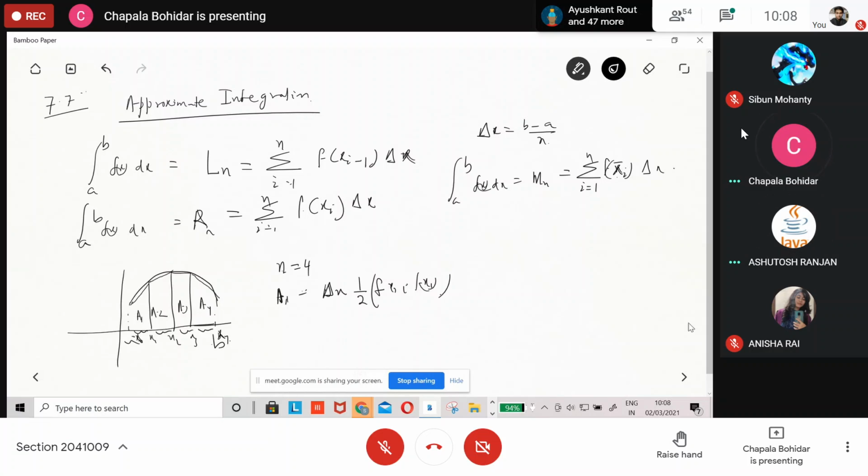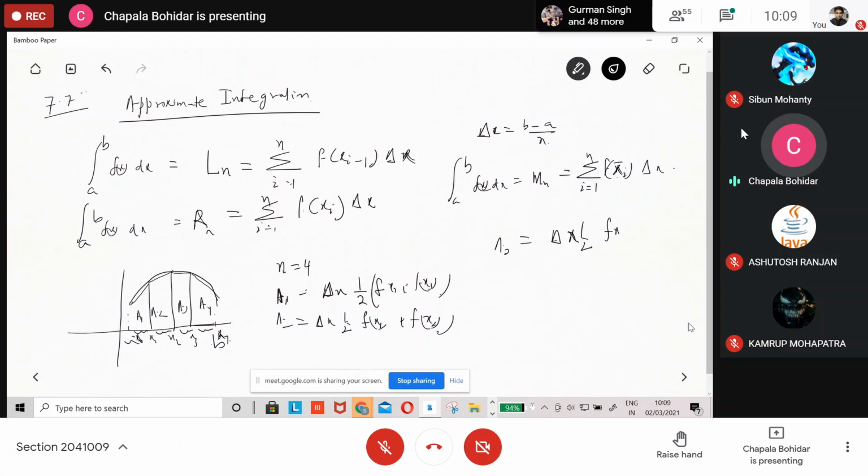Okay. Similarly, area A2 is equal to del x into half of f(x1) plus f(x2). Similarly, A3 is equal to del x into half of f(x2) plus f(x3).